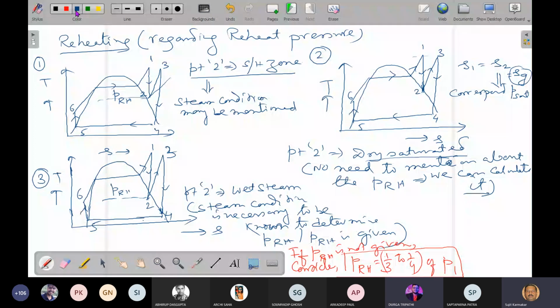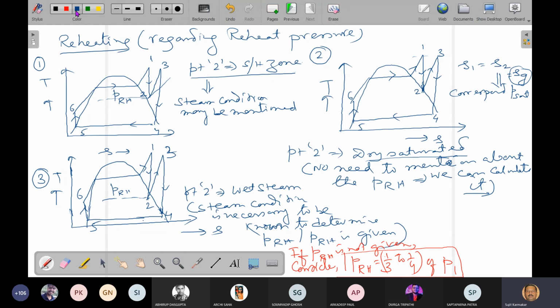Yeah, 1/3 to 1/4 is generally the thumb rule we have seen. If it is 1/4, it may come inside a little bit, and if it is 1/3, it may be coming to the superheated zone.